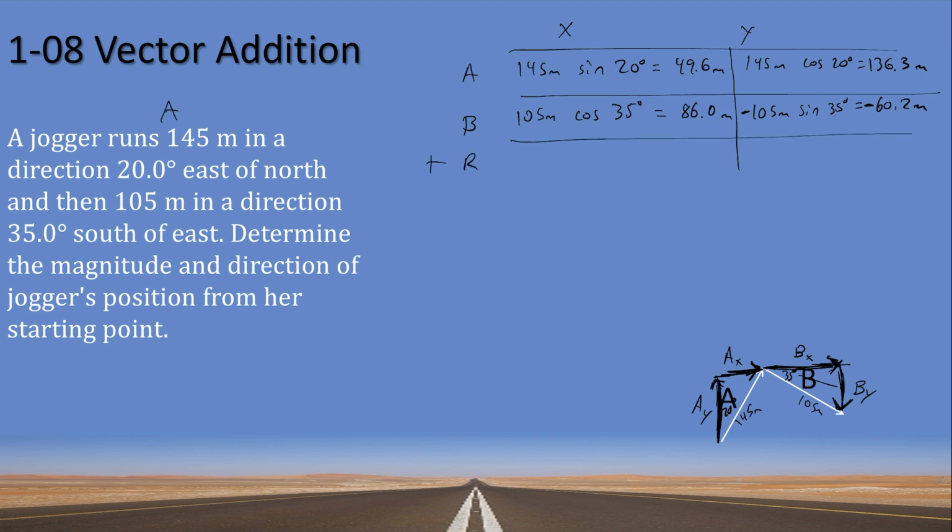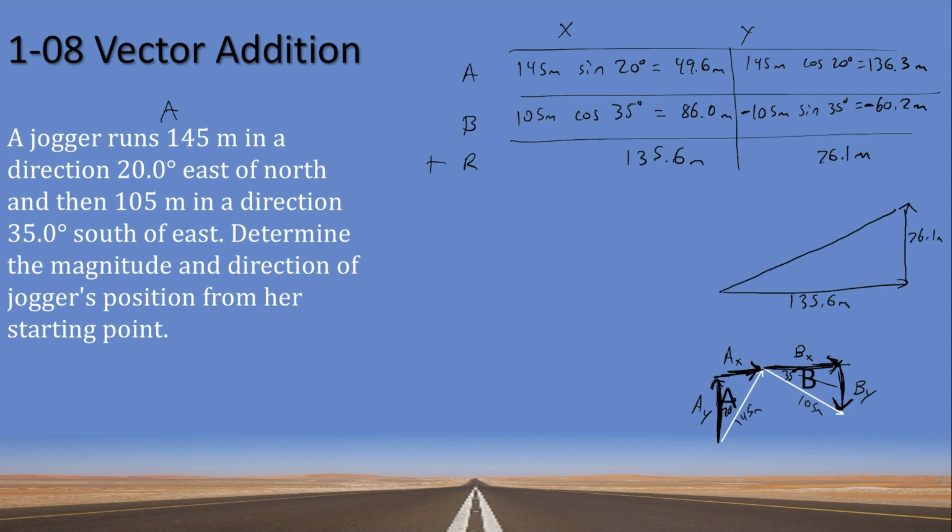Add those together and you get R. So we get 135.6 meters and 76.1 meters. Which means we're going east 135.6. We're going north 76.1.